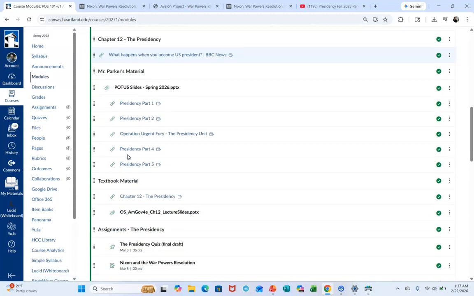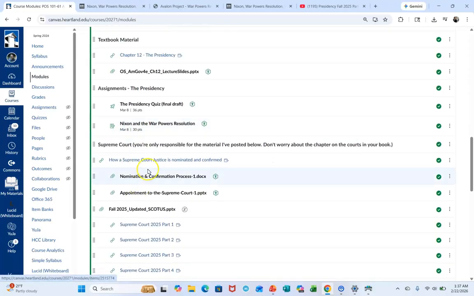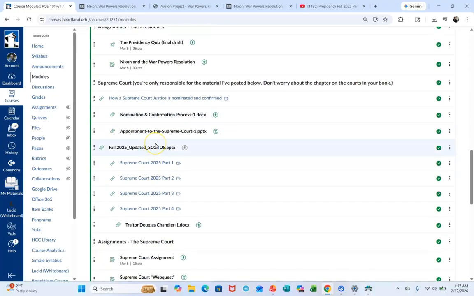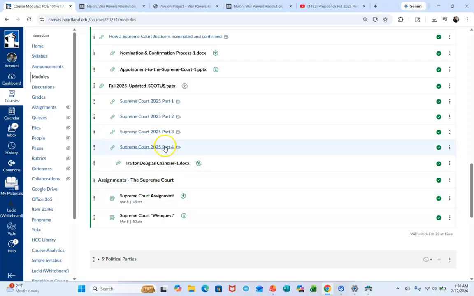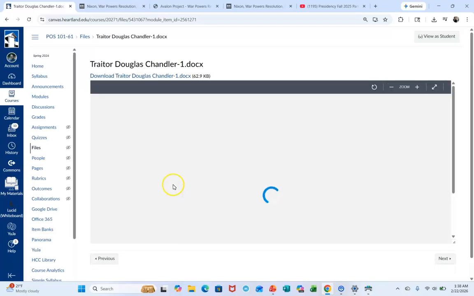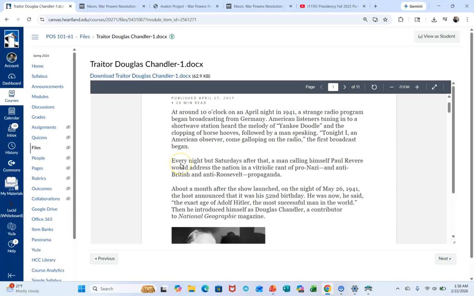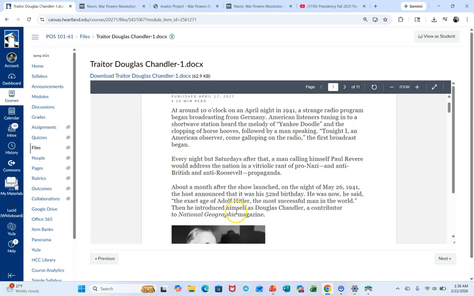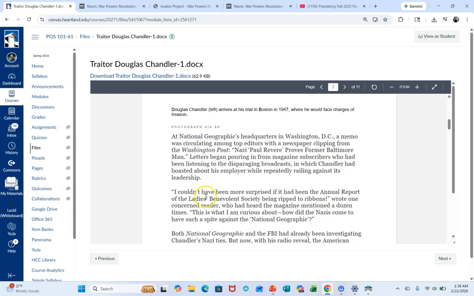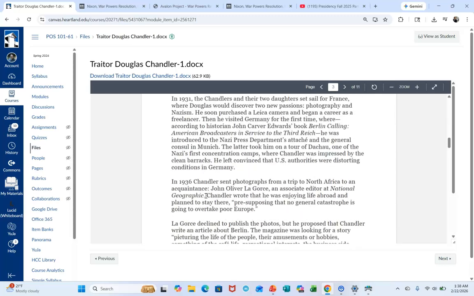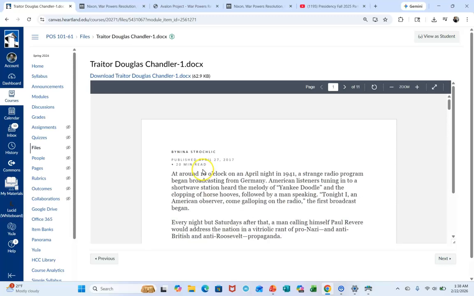Then the Supreme Court. This is lengthy. I tell a story in here about Douglas Chandler because we talk about traitors in this unit. And this is just a story that was published about Douglas Chandler that I have for you.